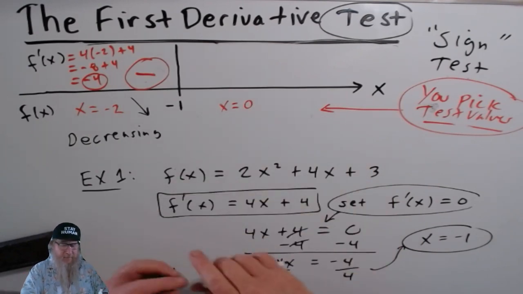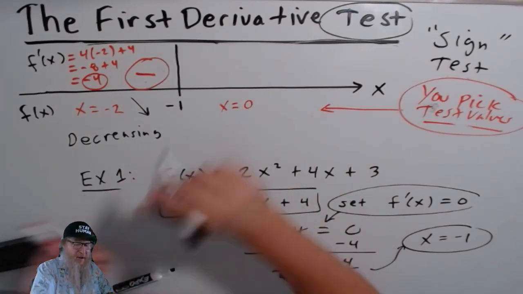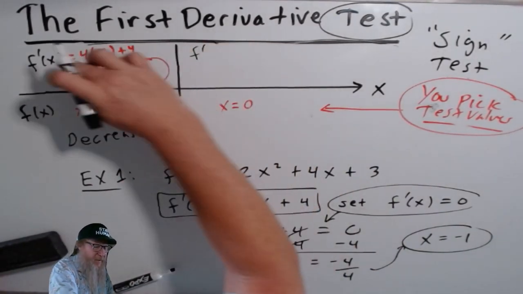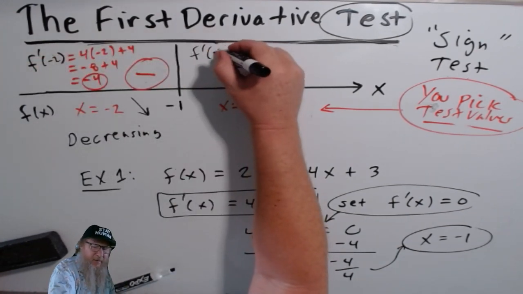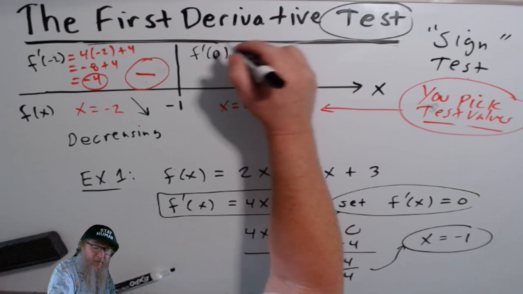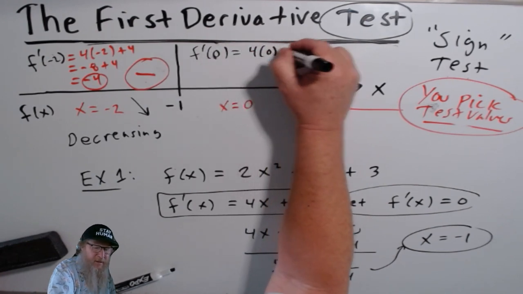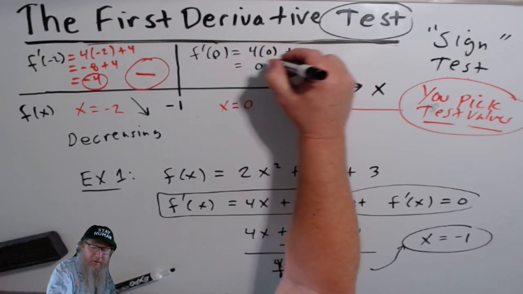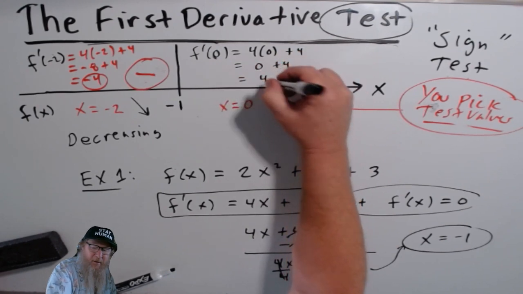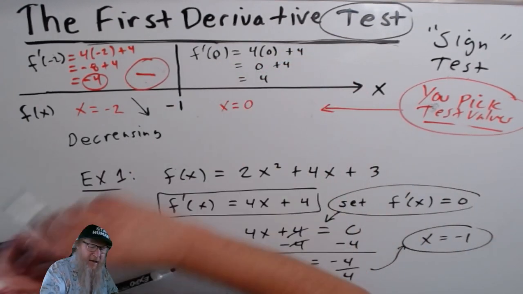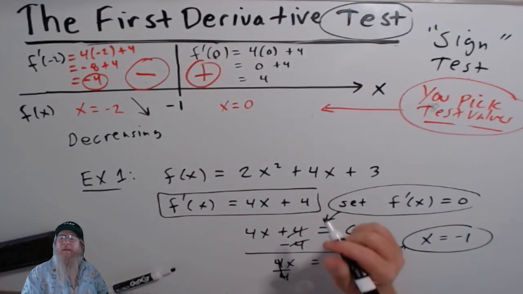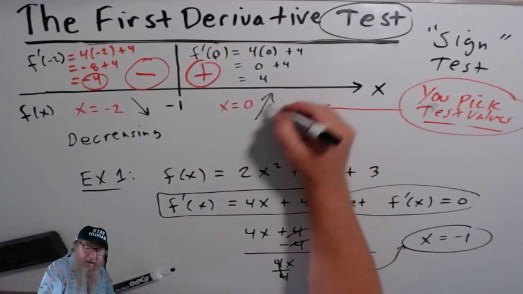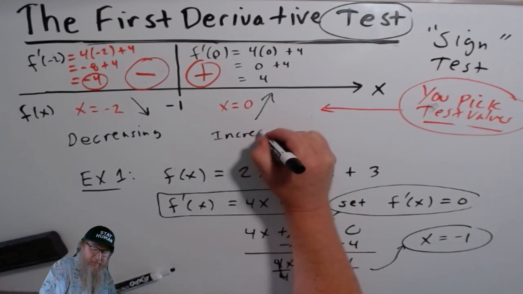Let's try the other side. So we're going to do f prime of, oh, by the way, this was f prime of -2. So now we're doing f prime of 0. 4 times 0 plus 4, 0 plus 4, 4. So that is positive. So that tells me the graph is increasing.